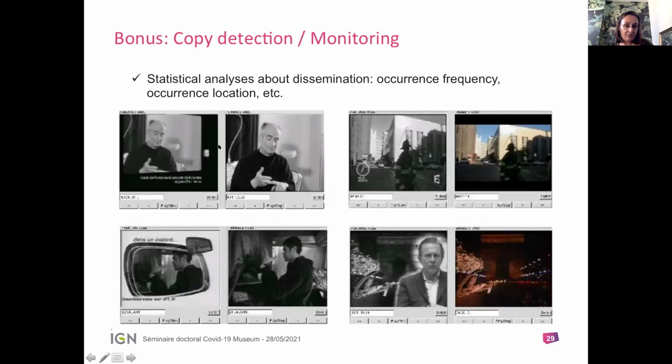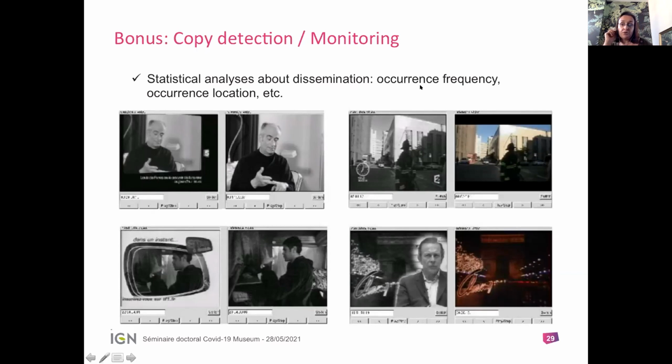For example, here you have one video, and here the same video, but broadcasted with post-production effect, with adding a logo, adding a text, and things like that. And so if you monitor such kind of information in a country or over the world, you can have a lot of interesting statistics.